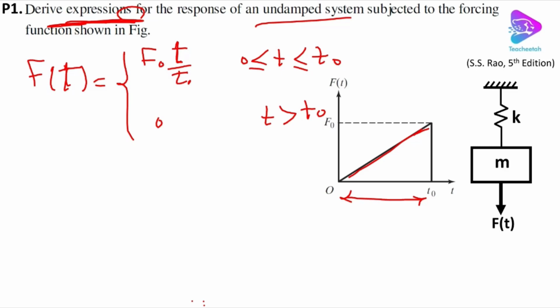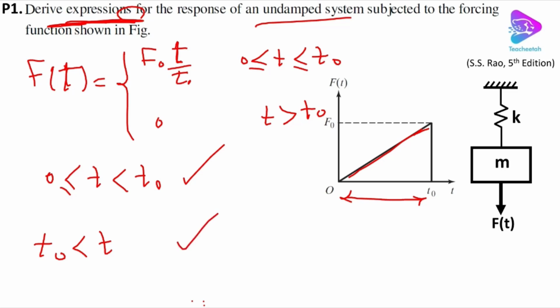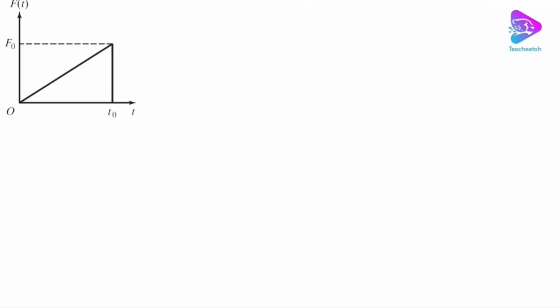Once for t from 0 to t naught, and then for t greater than t naught. So we have two separate expressions for this response. Each response is only valid for its assigned time range. Okay, so let's do that.